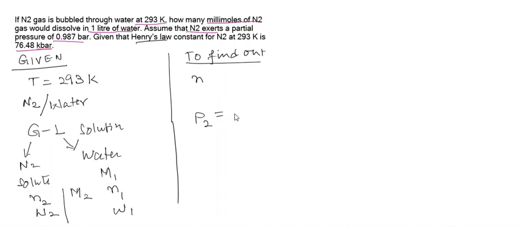That is 0.987 bar. It is given in bar unit. And then what else is given? 1 liter of water dissolves it. So this is the volume of solvent. How much? 1 liter. Okay, right.